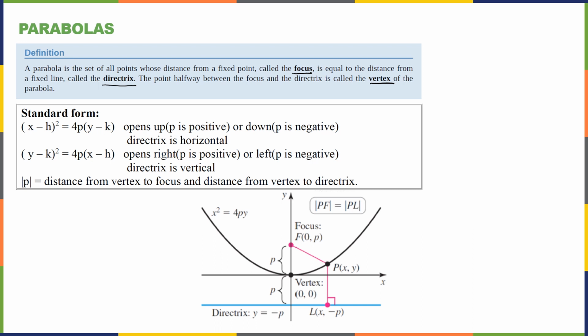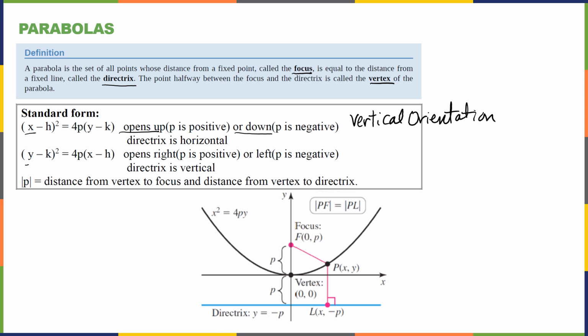On this slide, you will see the standard form for parabolas that are oriented vertically and horizontally. When the variable x is squared, that produces a vertical orientation for the parabola, which means that the parabola opens up or opens down depending on the value of p.